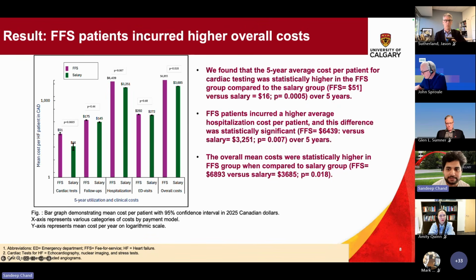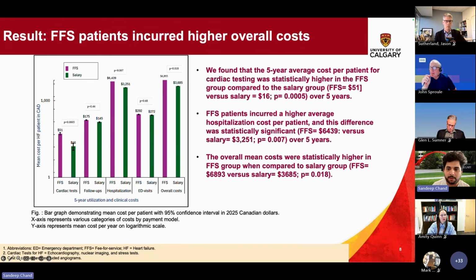This slide shows the difference in cost. Keep in mind that this is a logarithmic scale. Three differences were statistically significant. First, the cardiac testing cost: $51 per patient over 5 years in the fee-for-service group versus $16 in the salaried group. A small number in absolute terms, but a consistent finding across the whole study.